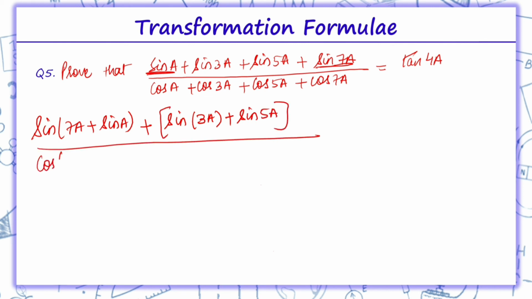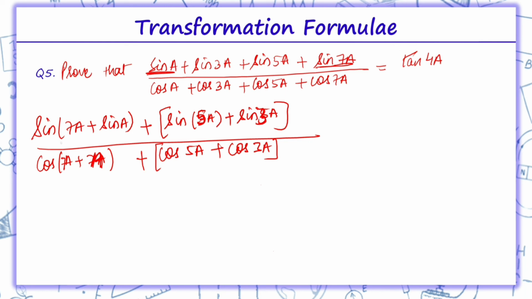So this will be written as one term. Over here cos a plus 7a and cos 5a plus cos 3a. So here we'll write 7a and this will be written as a. Here 5a and this is written as 3a. Now we'll apply identity. That's it.